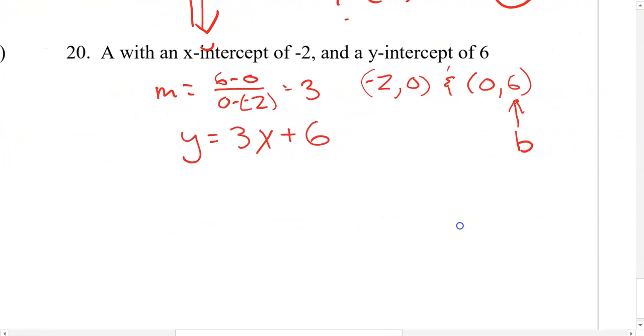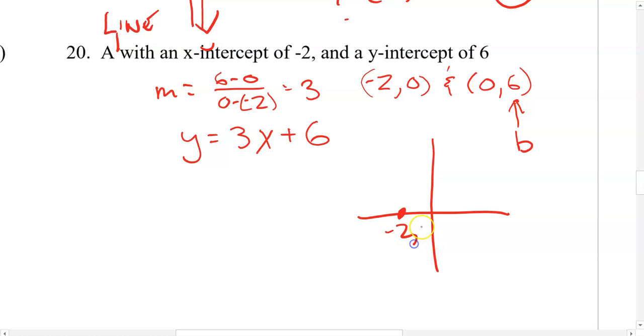On number 20, a line with an x-intercept of -2 and a y-intercept of 6. An x-intercept of -2 means it's the point where the line crosses the x-axis at -2. So the y value at that point is 0. And then I have the y-intercept at +6, which is when x equals 0.